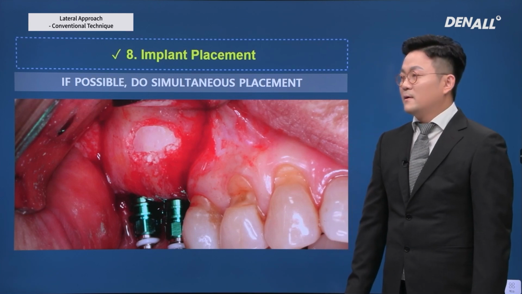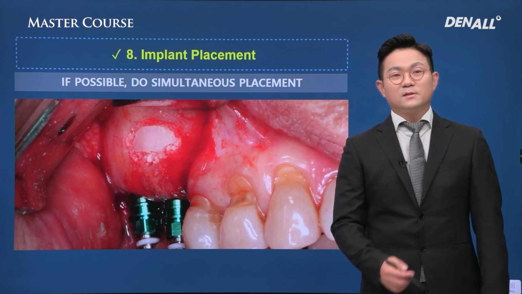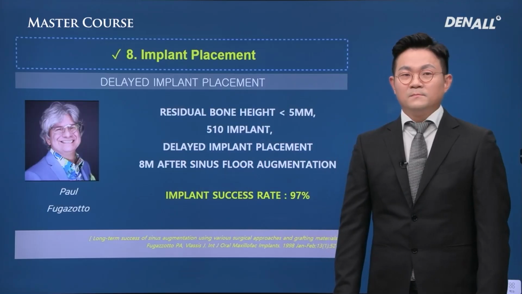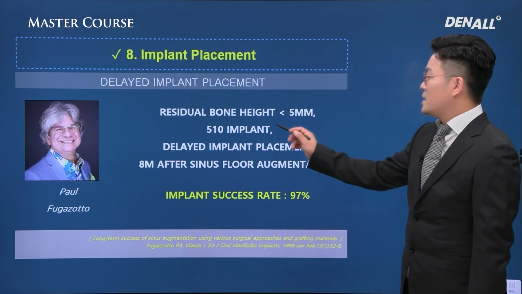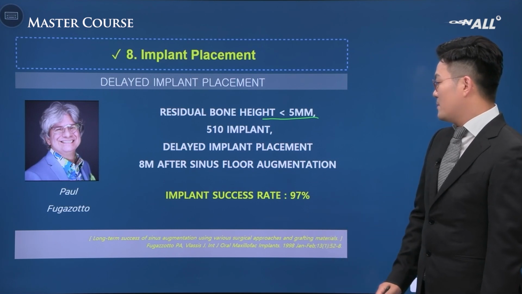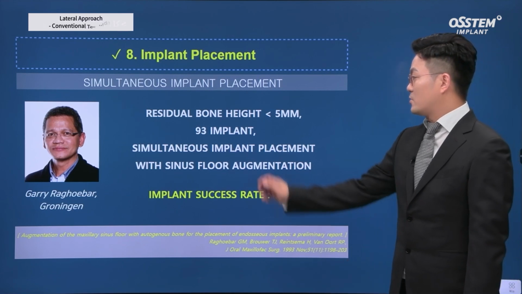But my experience tells me, and considering different factors, if you can place the implant and gain stability, I prefer doing simultaneous placement. If you look at this literature, from Fukazoto, if you have less than 5 of bone height, for 5 by 10 implants, the success rate was 97%. So there's no problem in doing simultaneous placement.